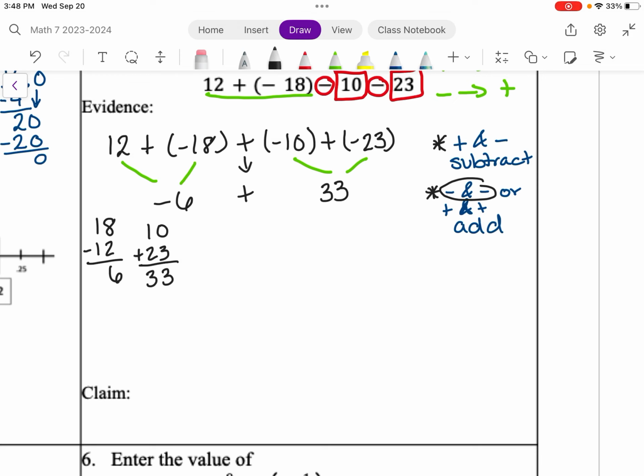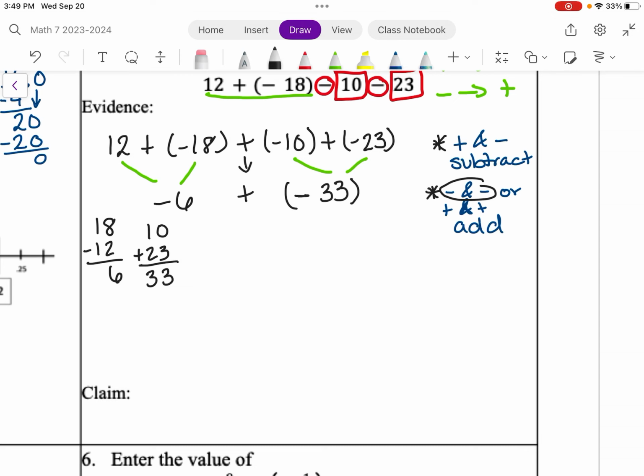And again, I have to decide whether my answer is going to be a negative or a positive. Looking at both of my answers, they're both negatives, telling me that this answer is also going to be a negative. Or again, this rule also applies. My bigger number, which is the 23, is negative. So my answer is going to be a negative.